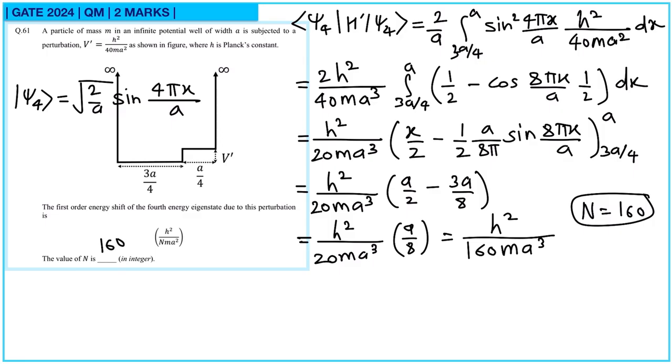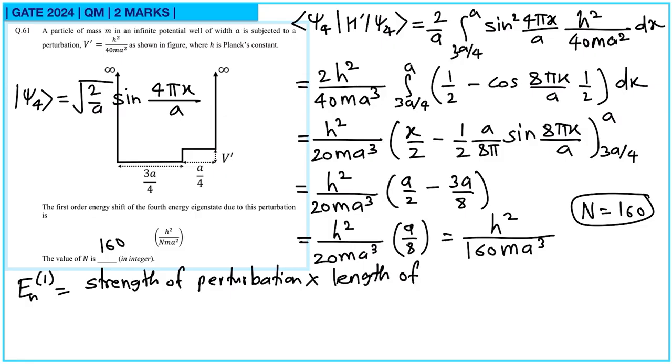And there is one more way to solve this. If you want to find the first order correction in the nth state, then you can write this as E1n, that means first order correction in the nth energy level, which is equal to strength of perturbation into length of perturbation upon length of well.